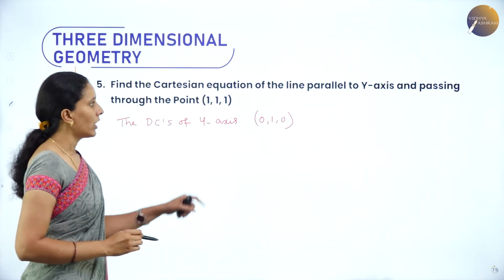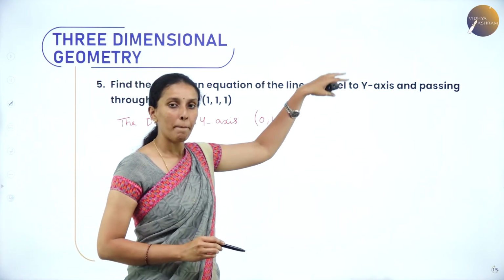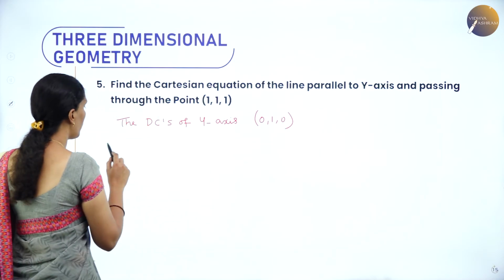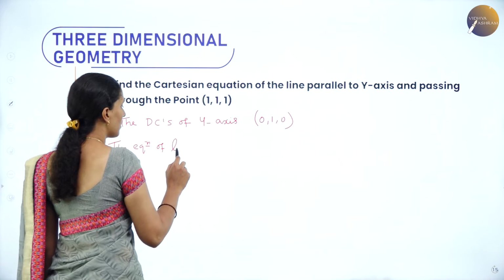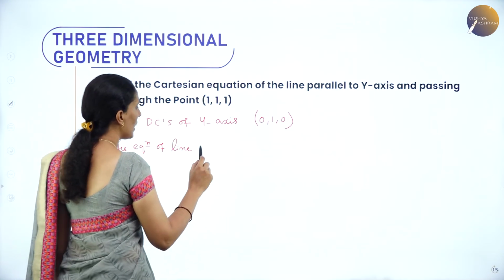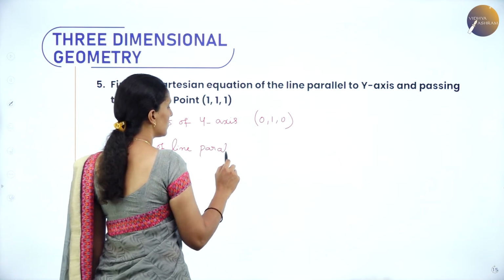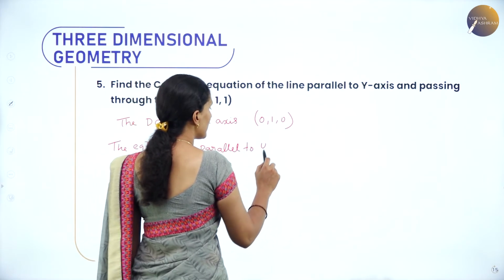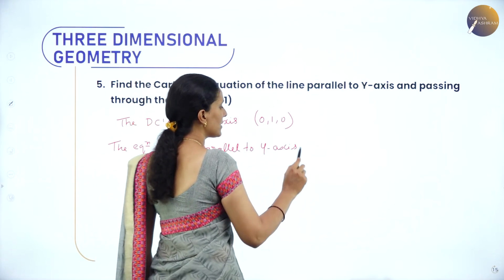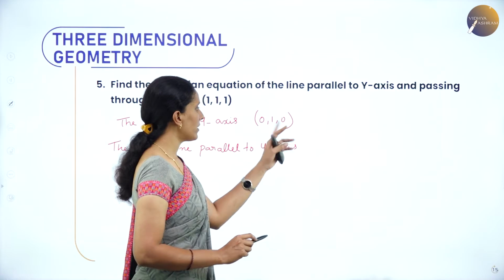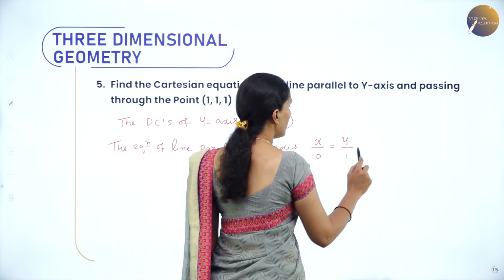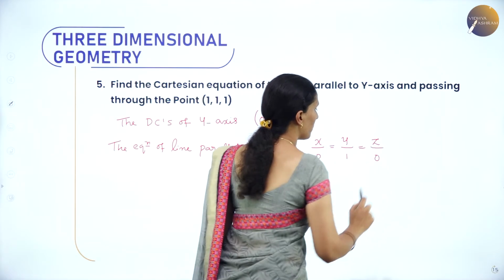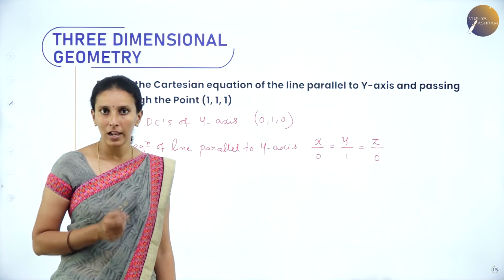Therefore, the equation of any line parallel to y-axis will always have direction ratios 0, 1, 0. So it is x by 0, y by 1 and z by 0. So this is the equation of the line.